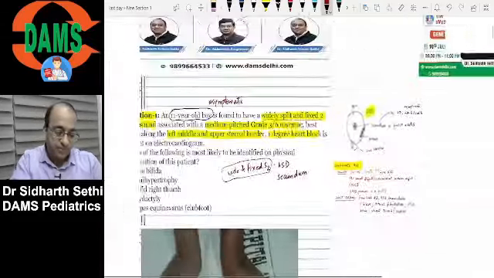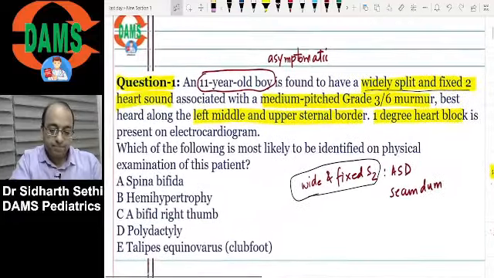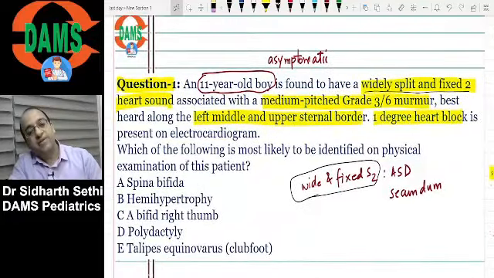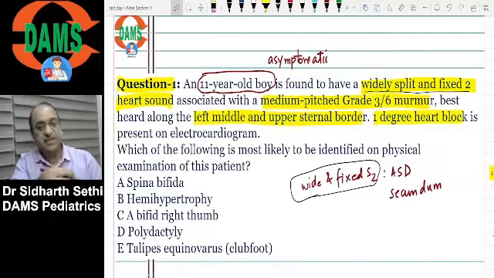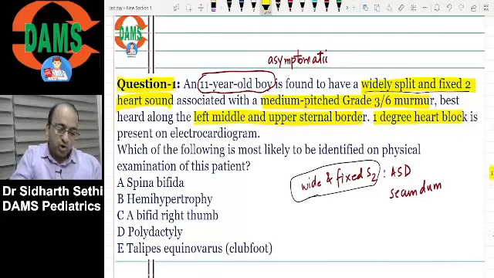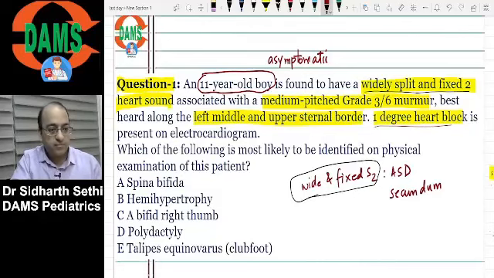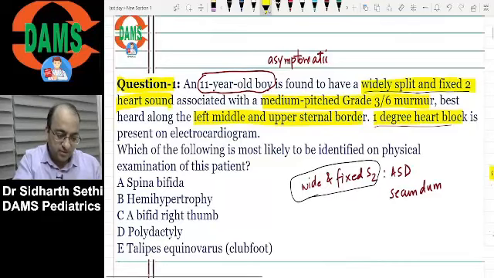So guys, coming back to question number 1. Here is an 11-year-old with ASD secundum. Okay, he has a fixed and wide second heart sound. So this doesn't look like Down's to me. He's an asymptomatic child. So which anomaly, guys, would be common with ASD secundum? Most common. And especially when you have a first degree heart block also, you will go for thumb abnormalities.